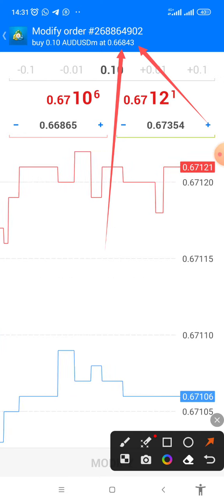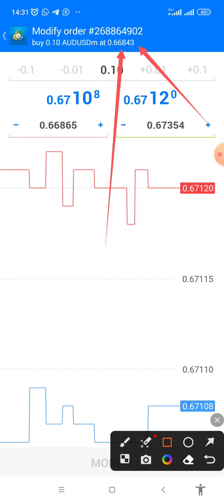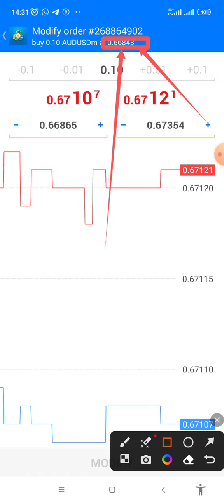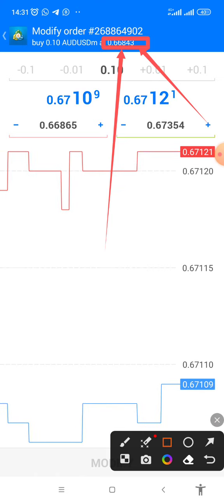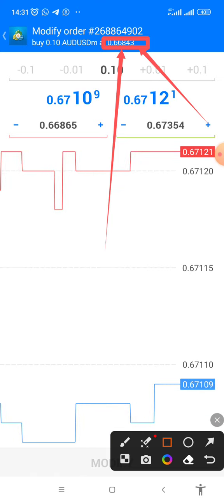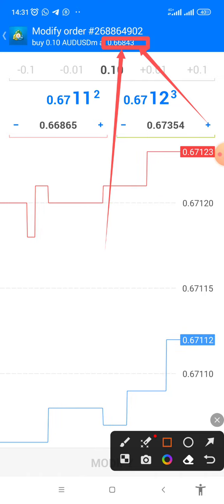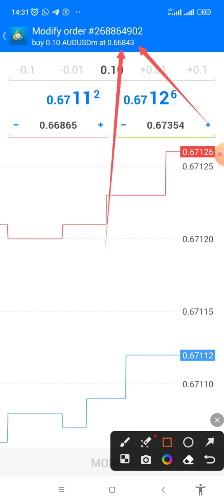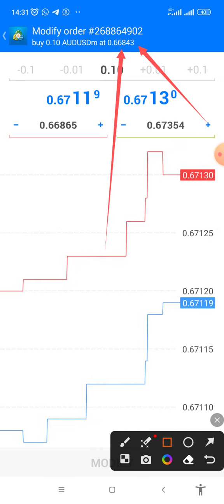That is the most important thing that you are looking for, this price here. That is the price at which you bought, which is 0.66843.